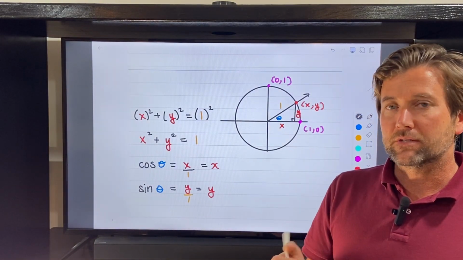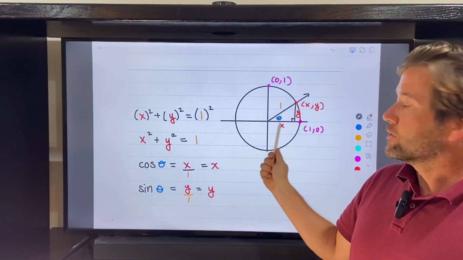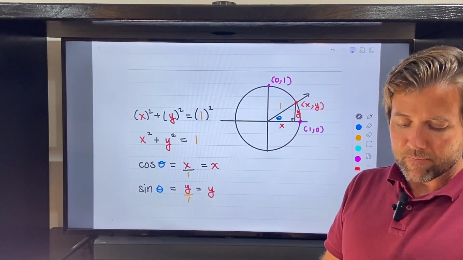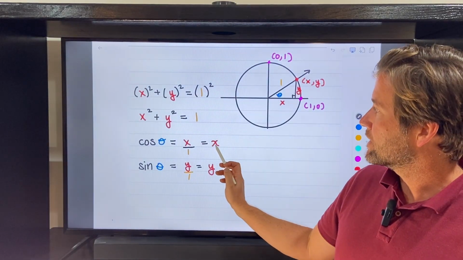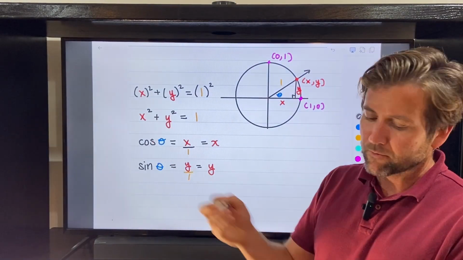Okay, we're so close to finding our first Pythagorean identity. We're going to use substitution. I have this equation x squared plus y squared equals 1. We derived that using the unit circle here and the Pythagorean theorem. Now, see where it says here x equals cosine of theta? I'm going to replace x with cosine of theta.